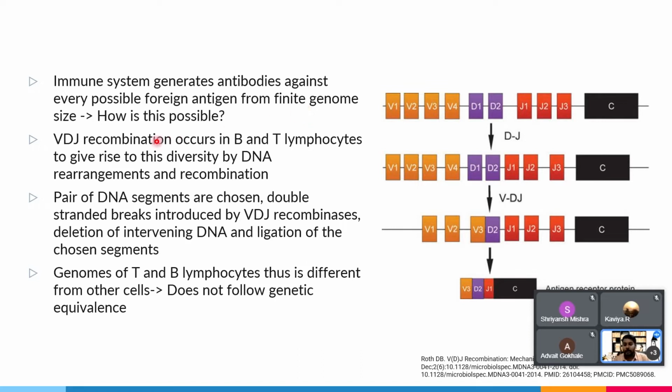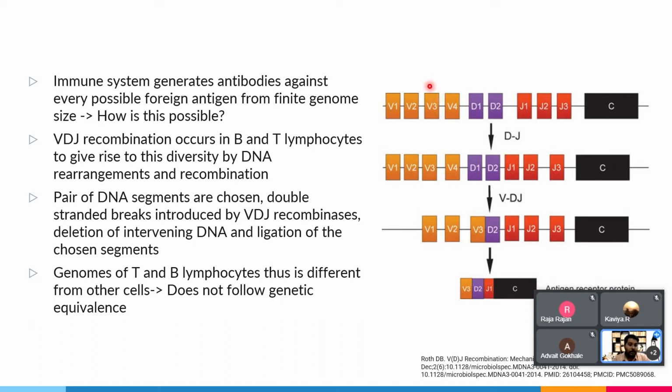This occurs by a phenomenon known as VDJ recombination. In the lymphocytes, the B and the T lymphocytes, there are particular regions in the genome known as variable regions, diversity regions, and junction regions. These three regions can recombine.